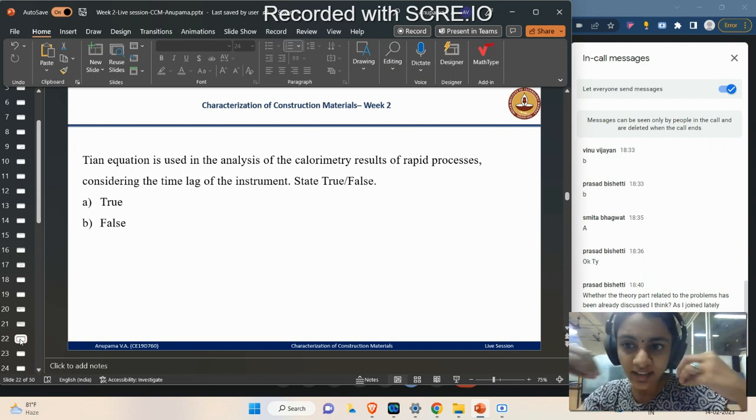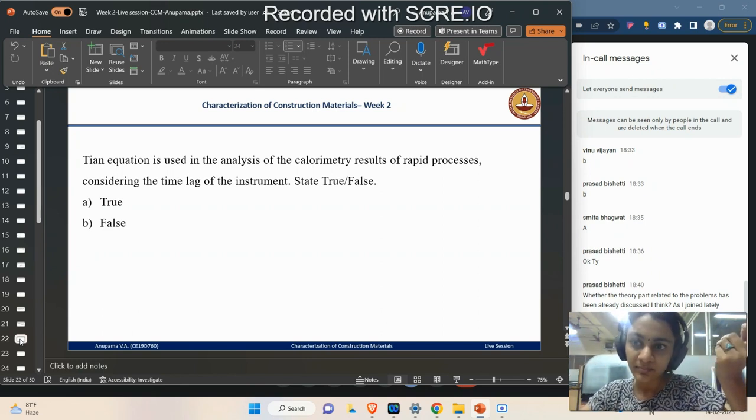We have to consider that time lag also whenever we are trying to get results of some rapid processes. So the equation which is used in the analysis of calorimetry of rapid processes, considering the time lag of the instrument, is Tian equation. State true or false.